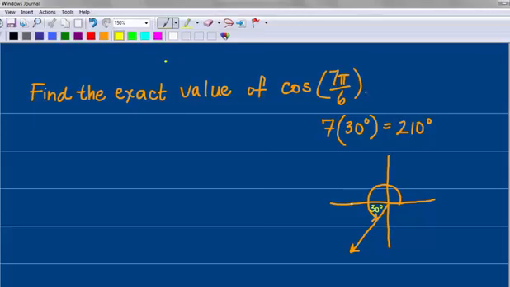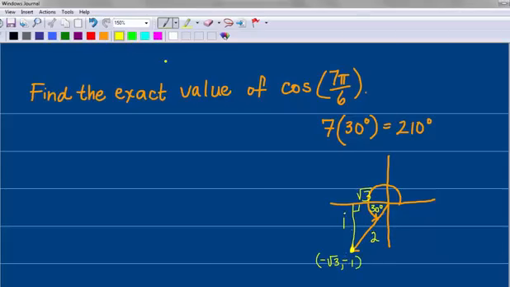And I can again use one of our special right triangles here. I have an angle of 30 degrees. If I let my hypotenuse be 2, I know the side opposite 30 degrees will be 1. And the Pythagorean theorem tells me that the third side here is the square root of 3. The point on the terminal side of my angle, in this case, would be -√3, -1.